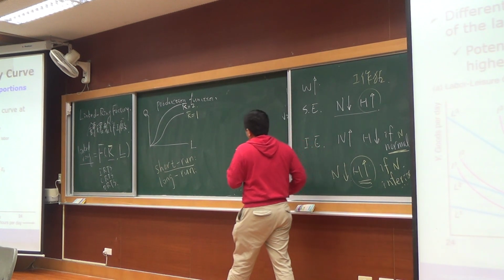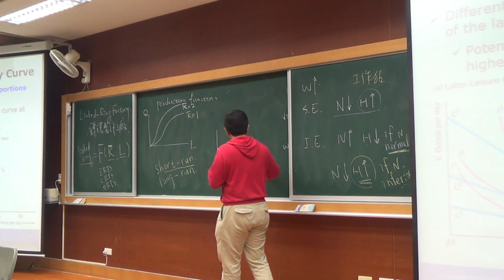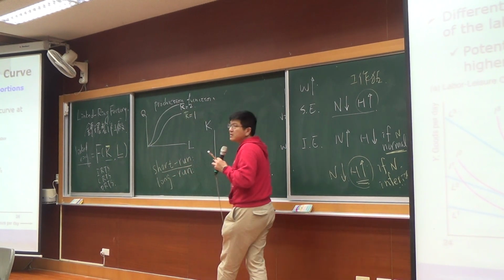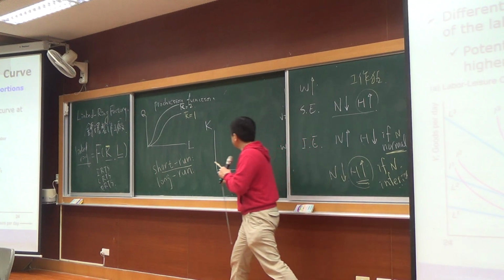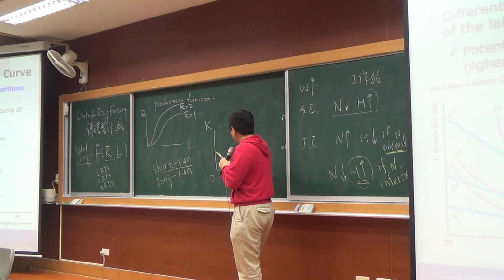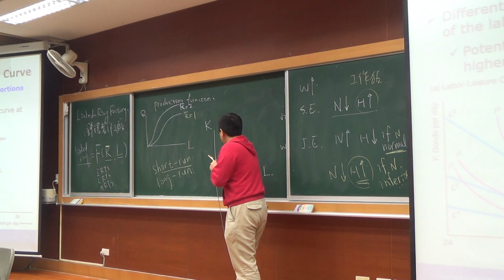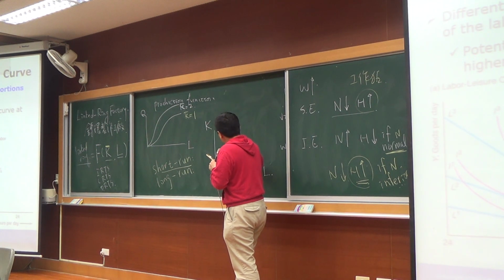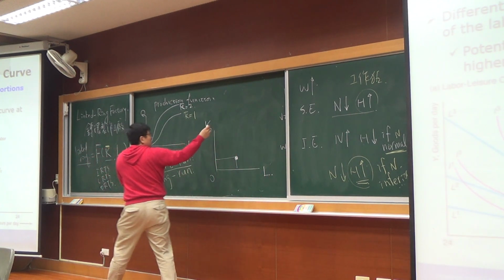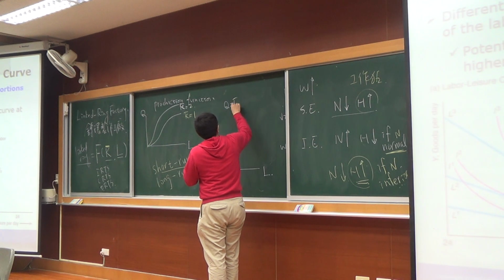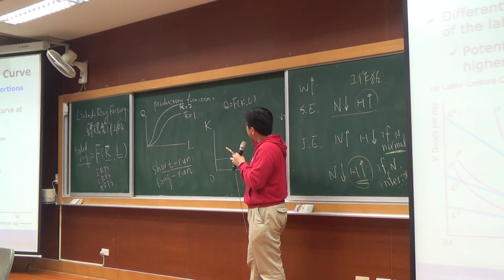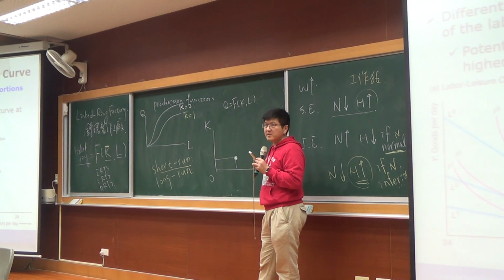Let me introduce some tool for you. If we make the horizontal labor and vertical capital, with this combination of labor and capital, we may produce some quantity of output, right?